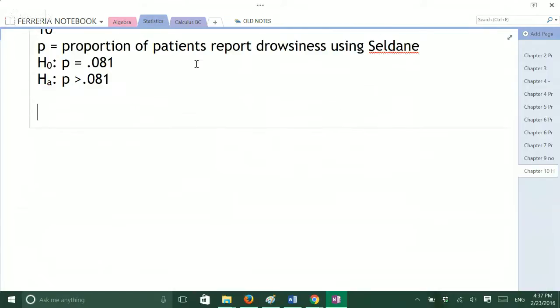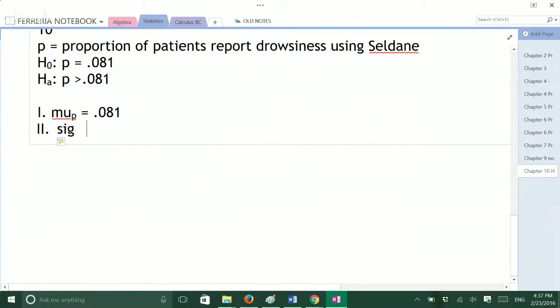Okay, that's true. Then we go with our conditions about our sampling distribution. Number one, mu of p. That's going to be 0.081. Number two, sigma of p.